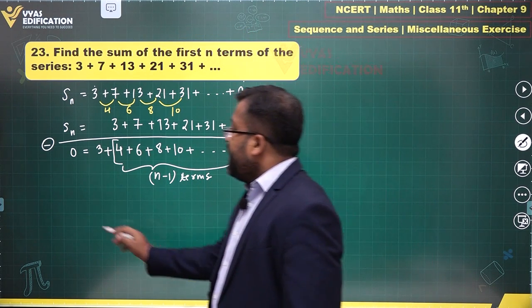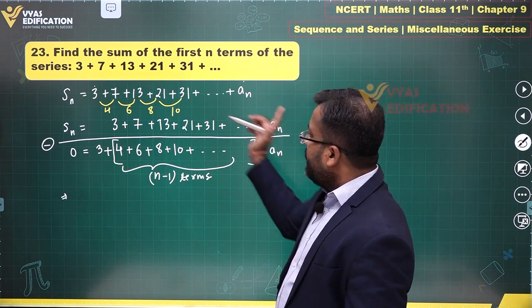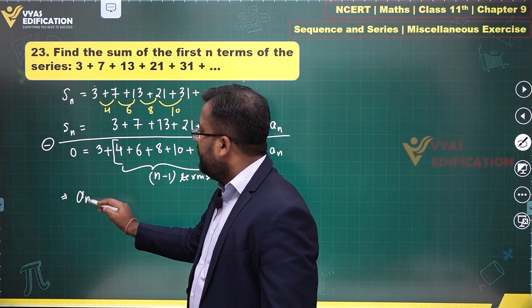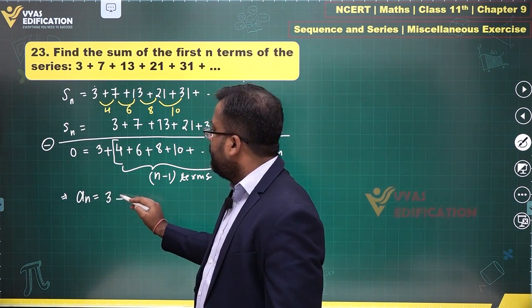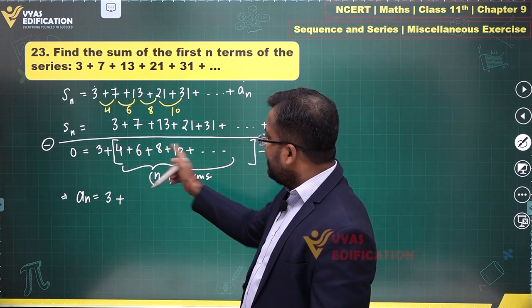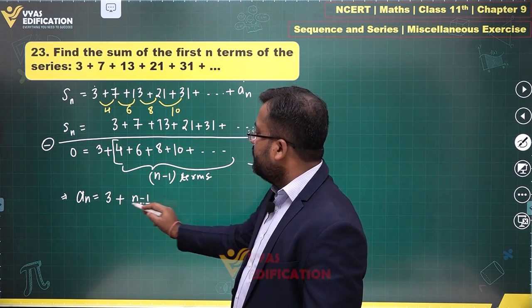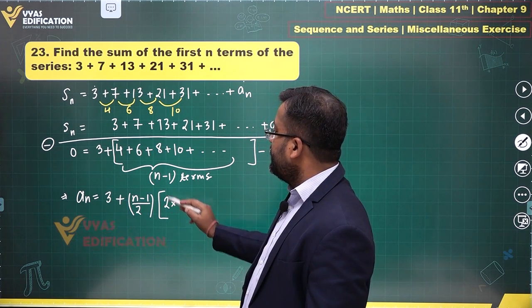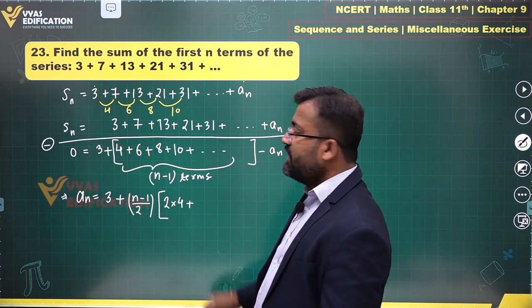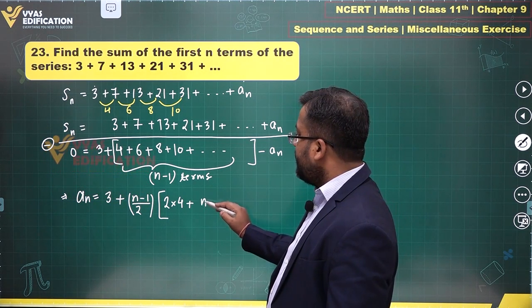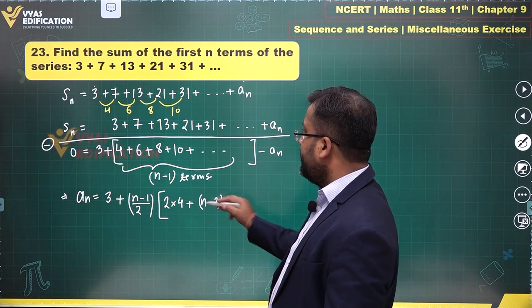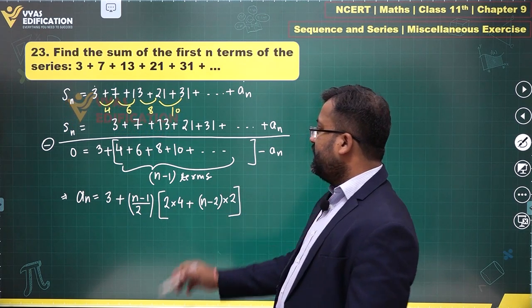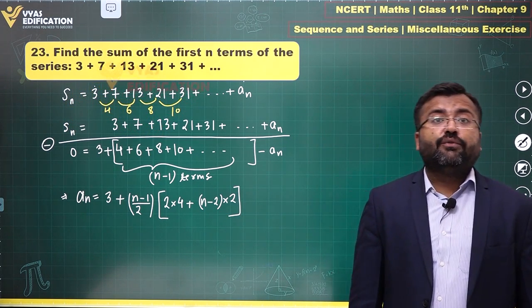I can easily get the value of An by bringing this An from here to the left hand side. An is equal to 3 plus the sum of this arithmetic progression having n minus 1 terms. The sum will be n minus 1 by 2, times 2 into the first term plus number of terms minus 1, which is n minus 2, times the common difference, which is 2. This is how you'll find the value of An.